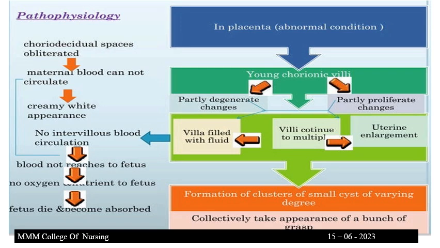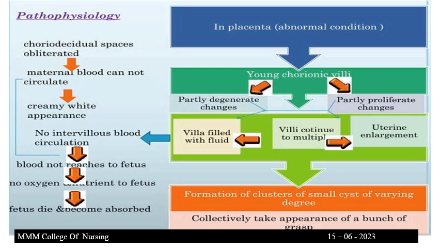What happens in the placenta? So usually there are chorionic villi, and all these chorionic villi form the placenta. The young chorionic villi undergo changes called partly degeneration or partly proliferation. All this will lead to the chorionic villi continuing to multiply, and the uterus becomes enlarged and is filled with fluid, and there is no intervillous blood circulation.